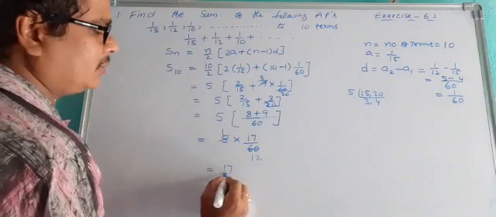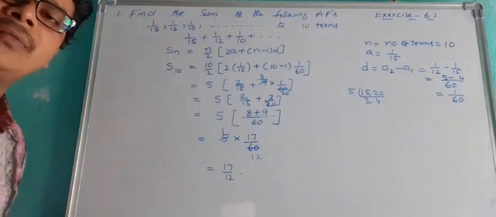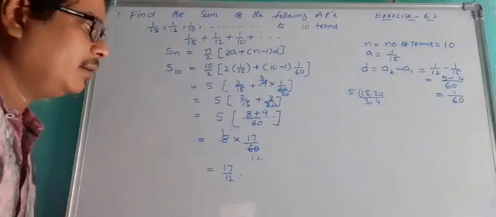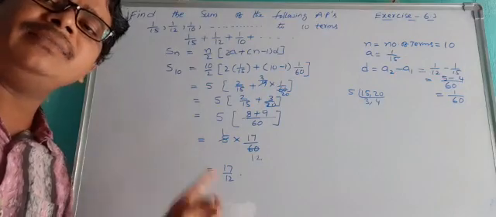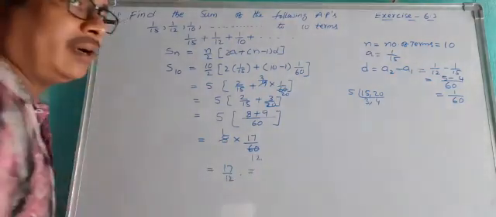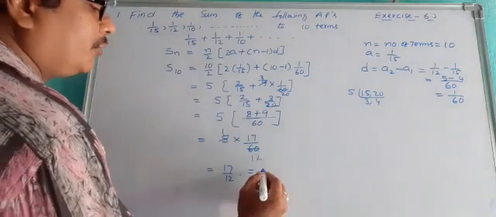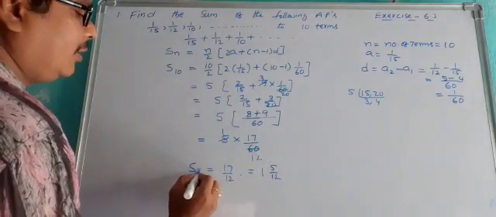So that equals 17 by 12. This is the summation of the first 10 terms in the given progression. This is an improper fraction; converting into a mixed fraction, 12 ones are 12, remainder 5 by 12. So S10 equals 1 and 5 by 12.